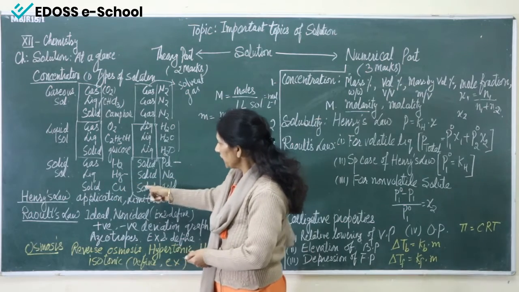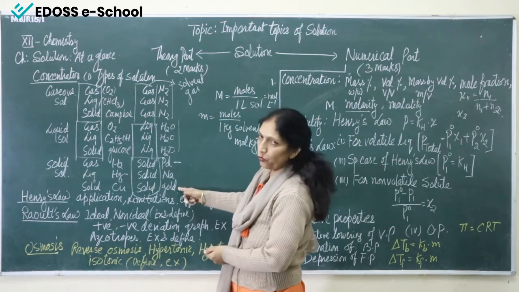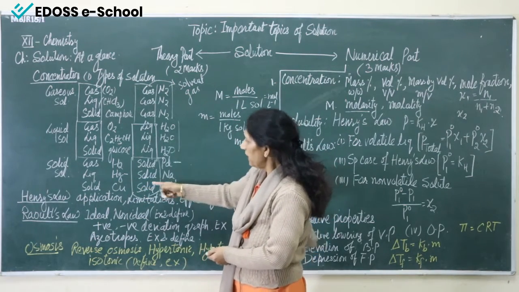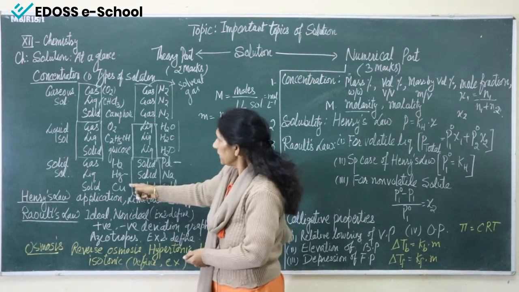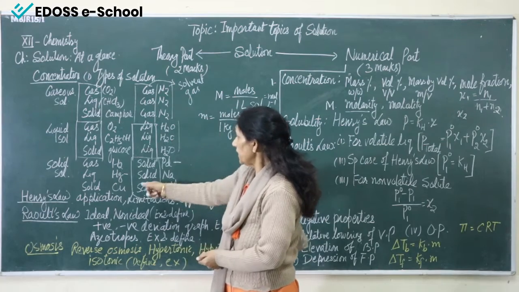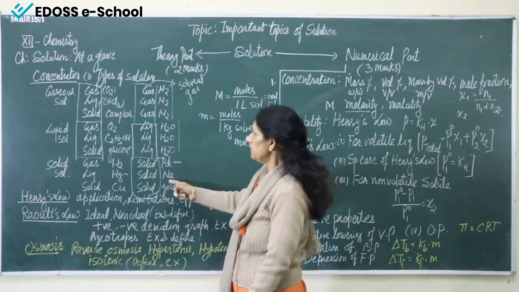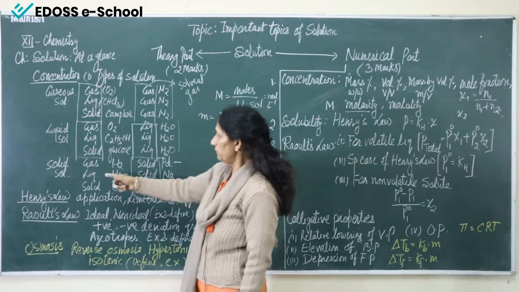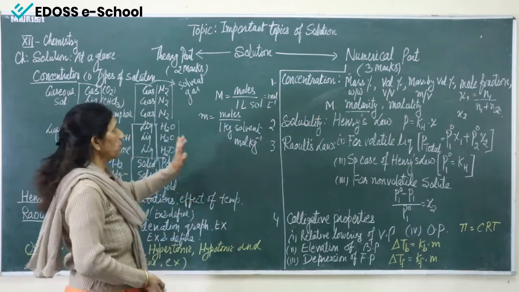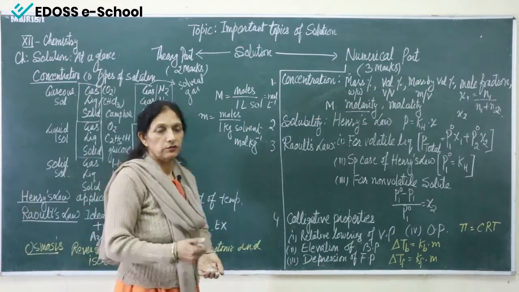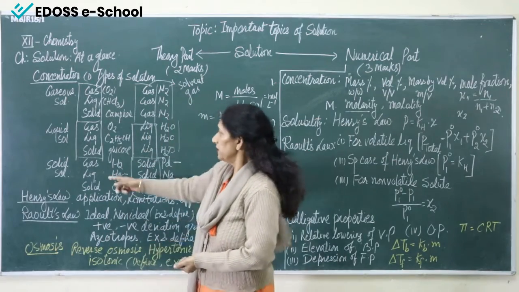Similarly, if we are taking both solid, like gold as solvent and copper as solute, so copper and gold are both mixed together, and this will be known as solid solution. So you have to prepare different types of solutions: gaseous solution, liquid solution and solid solution.